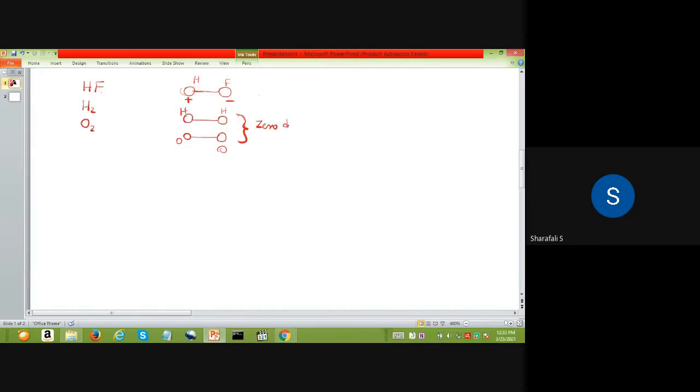They have zero dipole moment because they have the same charges. Oxygen has the same atoms, same charges. But here we have one positive charge corresponding to the hydrogen and a negative charge corresponding to the fluorine, separated by some distance. Then this will produce some permanent dipole moment.